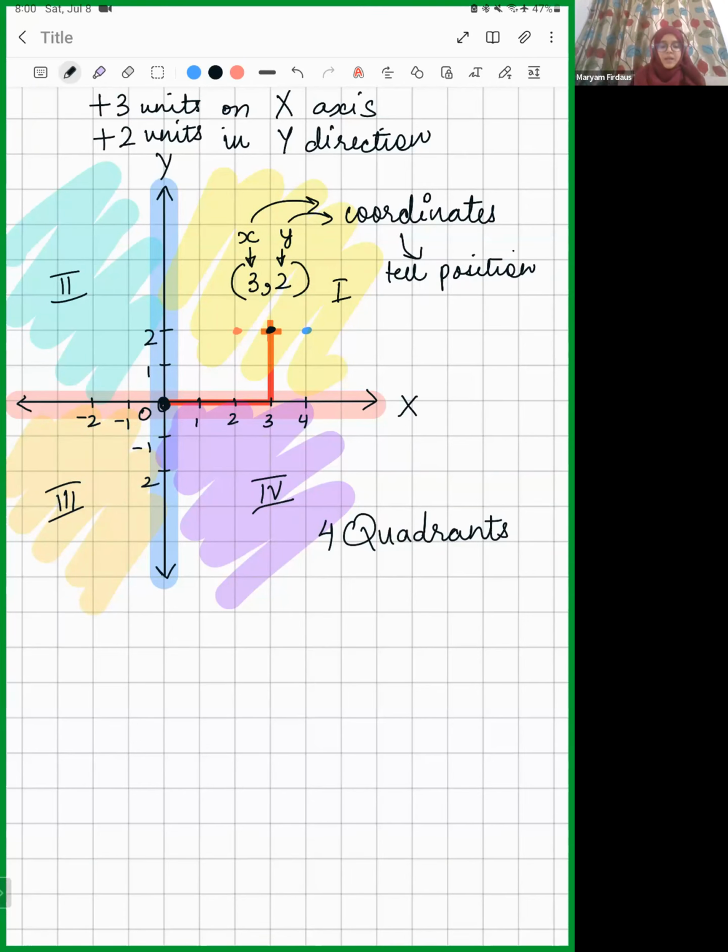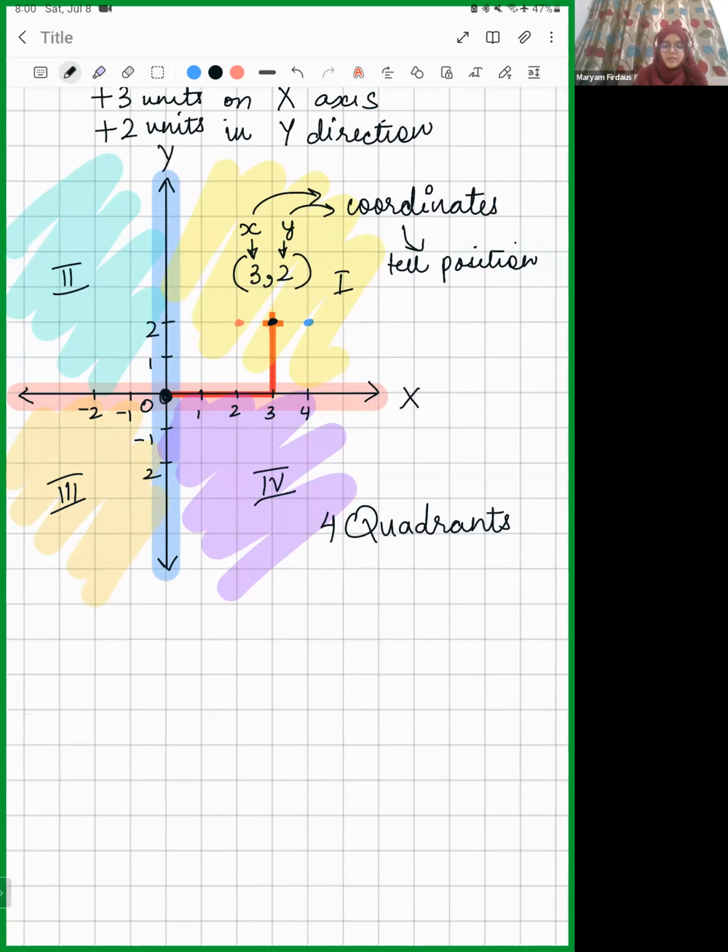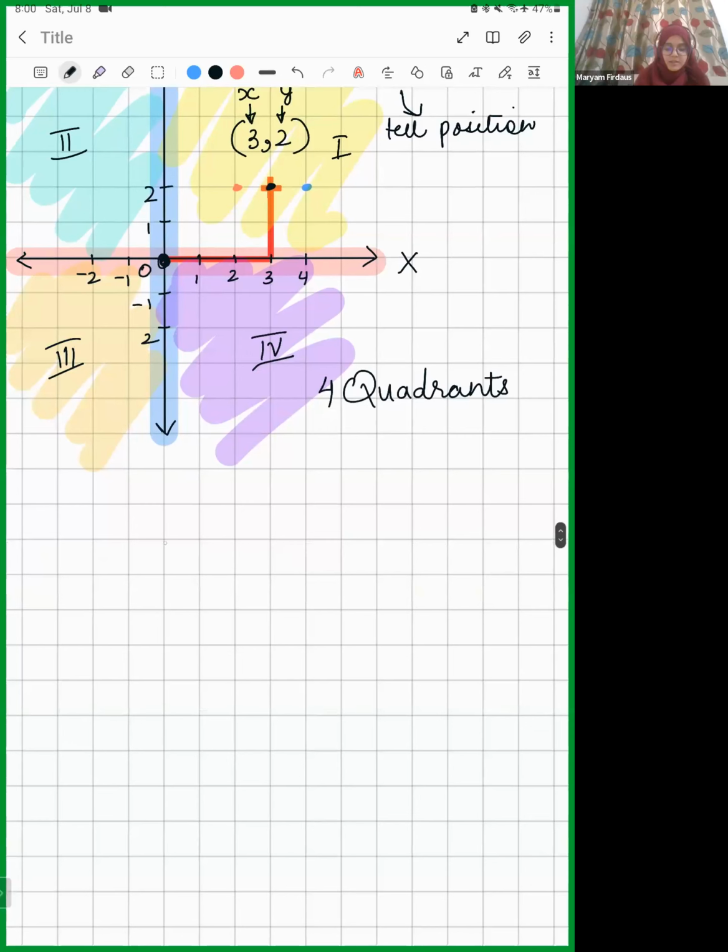See, 0 or the origin doesn't lie in any quadrant. Or you can say it lies on the x-axis and the y-axis. Imagine there's a country, and this is the border of that country.